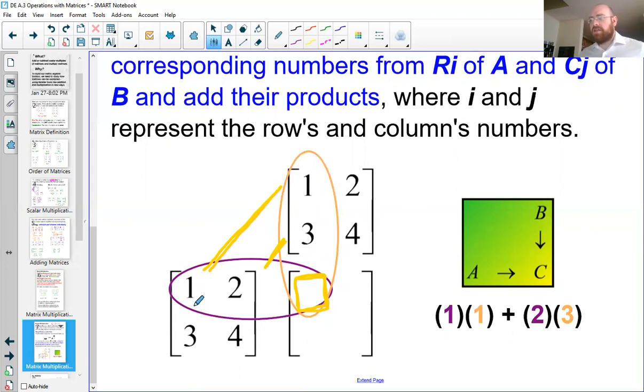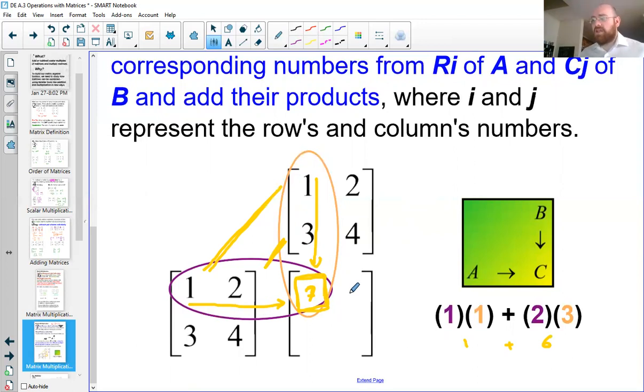So we're really going from the outside to the inside. We multiply in the corresponding positions, and then we add them together. So we would have 1 times 1 plus 2 times 3. So 1 times 1 is 1, 2 times 3 is 6. So the number that goes into our top left entry is 7.